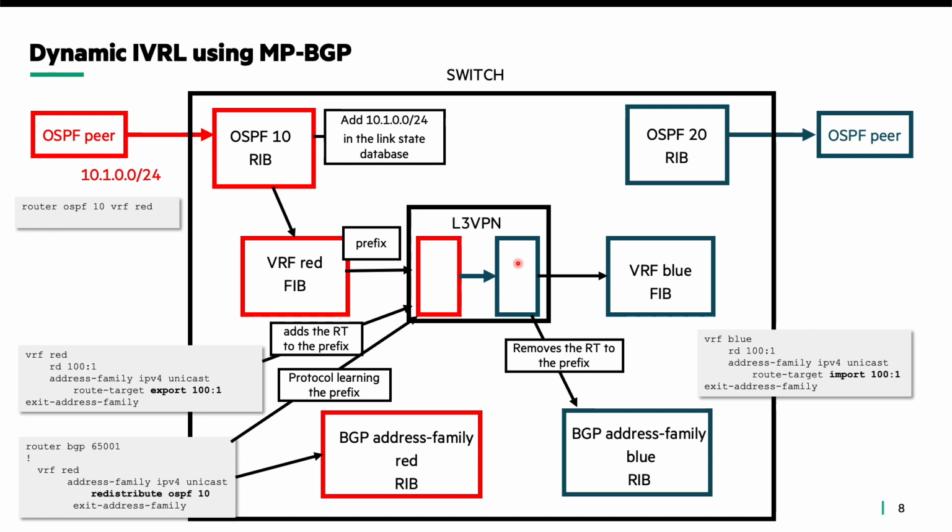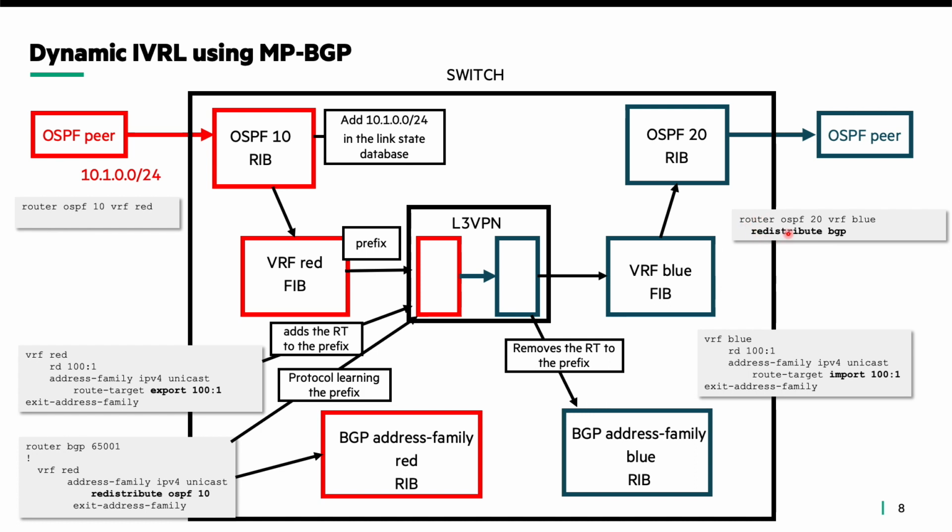What will happen is that this prefix is exported in the forwarding information base for the VRF blue. And at this time, it's going to change in the future, the route target was 101:1, the prefix is advertised to BGP, so it's installed in the BGP address family, in the MP-BGP table in the VRF blue.